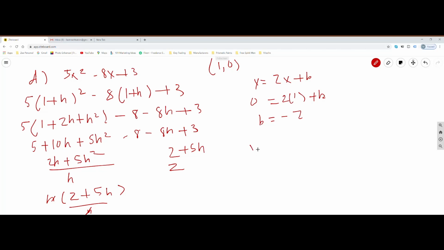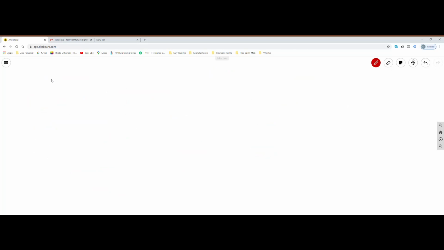So y equals 2x minus 2. Now we're going to go to 12a.